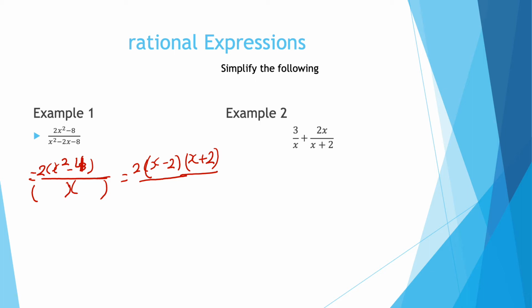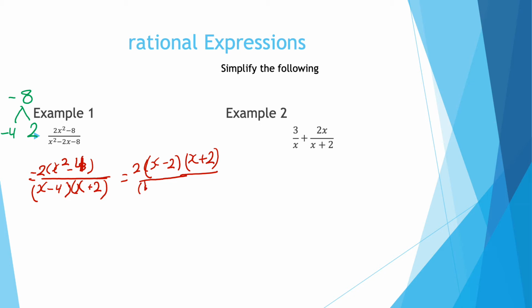So I'll write x in each bracket, and then look at the constants. I've got -8. I look for the 2 factors of -8 that add up to -4, which are -4 and 2. So I'm going to write -4 and +2 here.